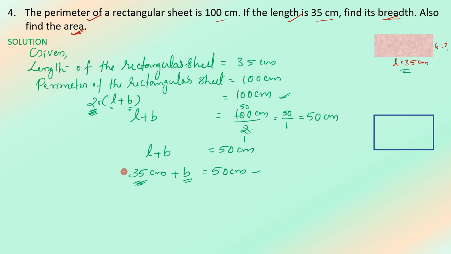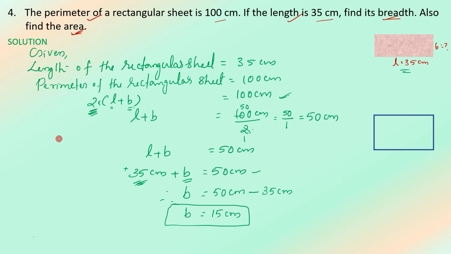Here the sign of 35 is understood to be plus, so when we take plus 35 from LHS to RHS, it becomes minus 35. Therefore, B equals 50 centimeter minus 35 centimeter. That is, B equals 50 minus 35, which is 15 centimeter.